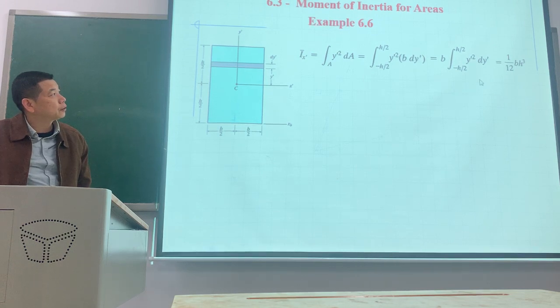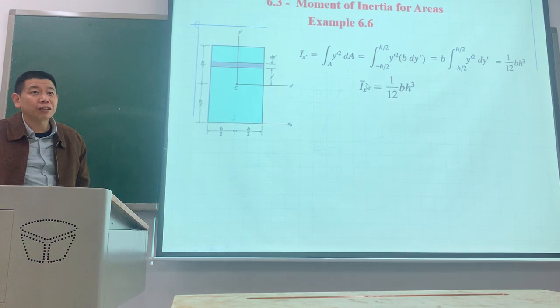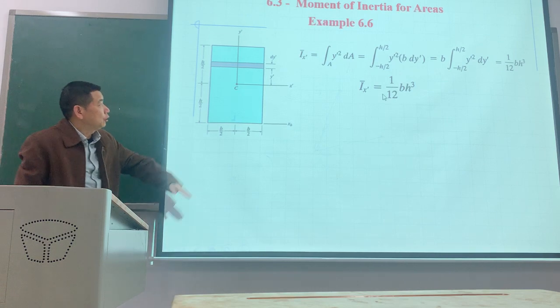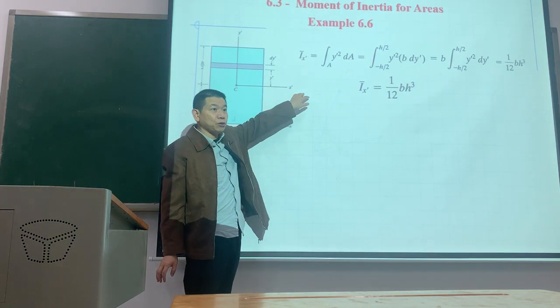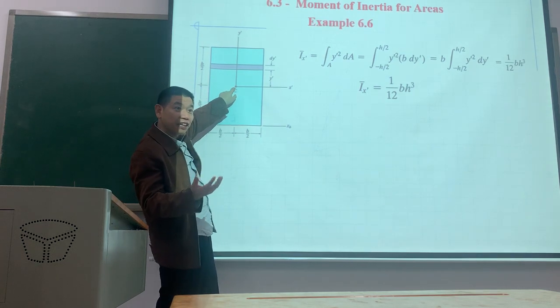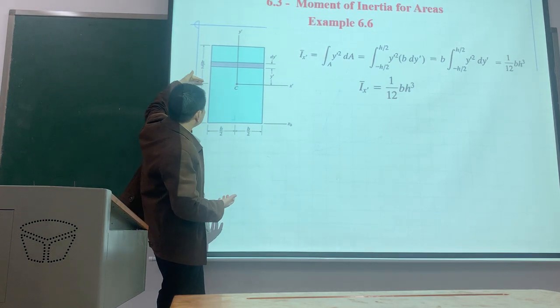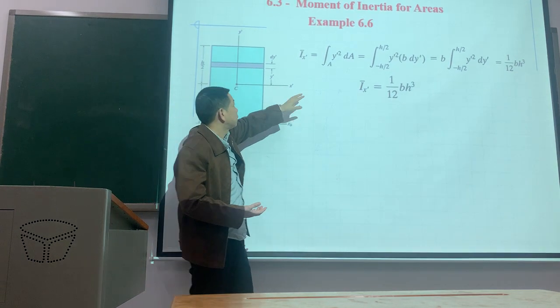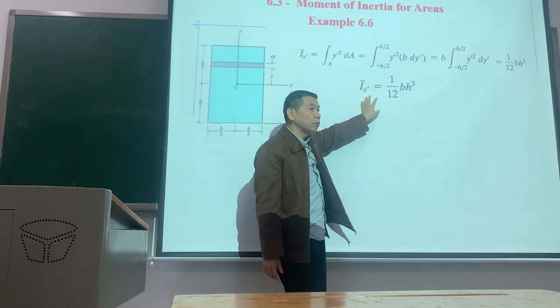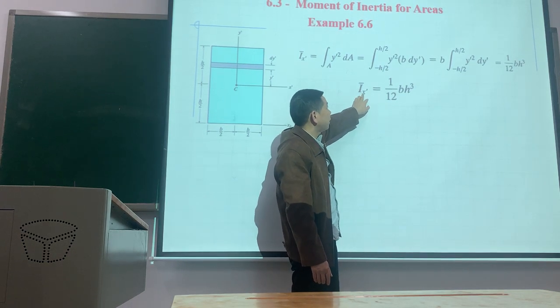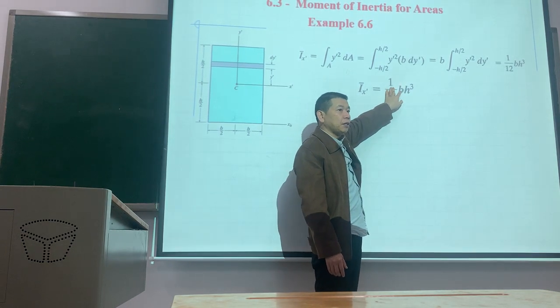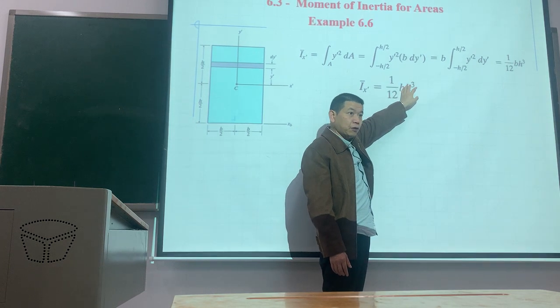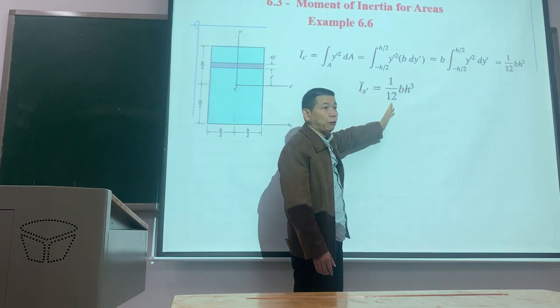We can get the result. So for a rectangle, if x prime passes through the center, C is the center of the rectangle, the moment of inertia about x prime is b h to the third power over 12.